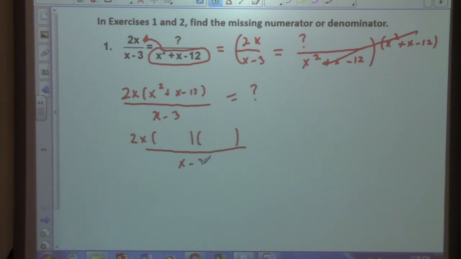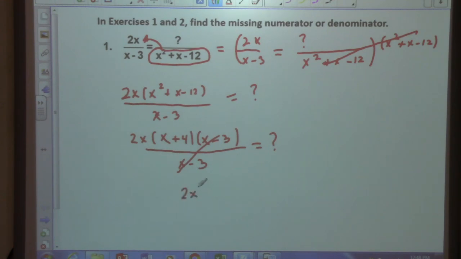What is this factor to in the numerator? x plus 4, x minus 3. And we know that equals question mark. So if we distribute this, that's how you got 2x squared plus 8x, right? I worked it completely differently, but yeah.